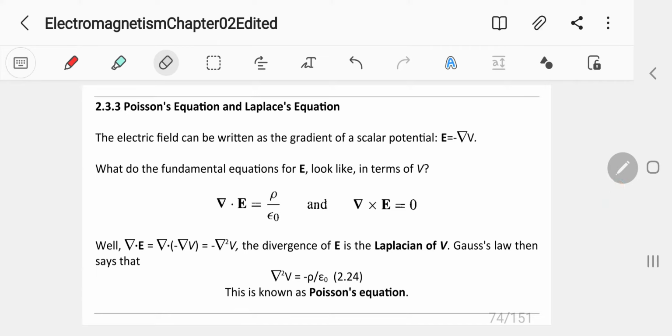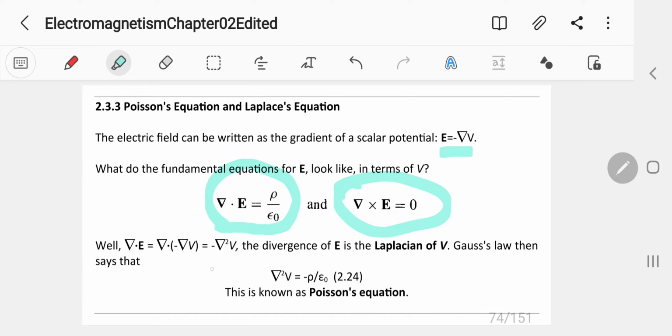Now we go to Poisson's equation and Laplace's equation. The electric field can be written as the gradient of a scalar potential, which is given by that. If it can be written like that, then our differential form of Gauss's law could be rewritten, and of course the curl of E can also be rewritten.